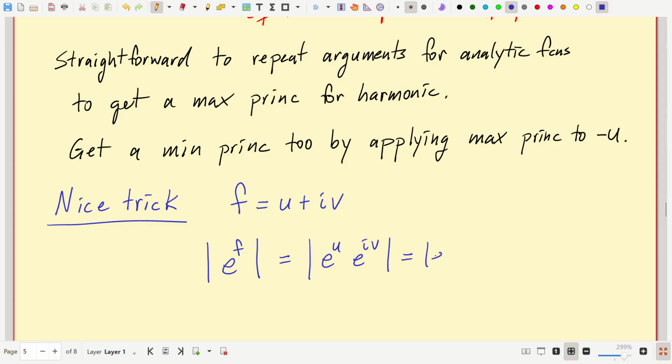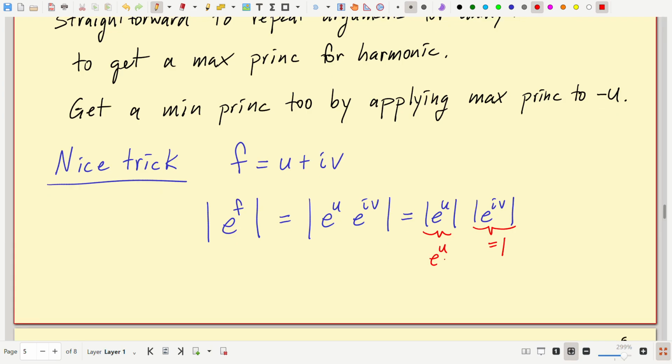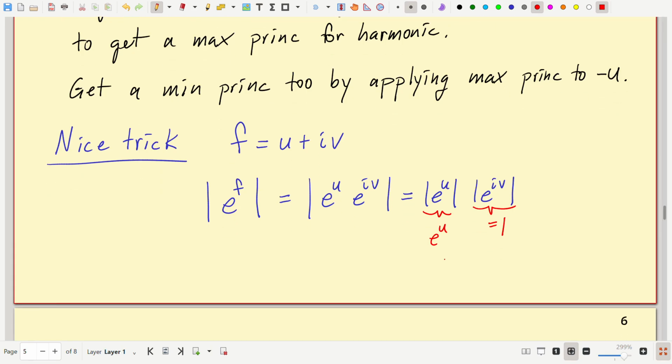That would be e to the u times the modulus of e to the iv. The modulus of e to the iv is 1, because e to the i something is a point on the unit circle, or the square root of cosine v squared plus sine v squared. So that thing's equal to 1, and so that modulus is e to the u.